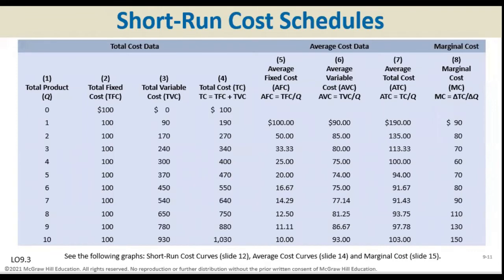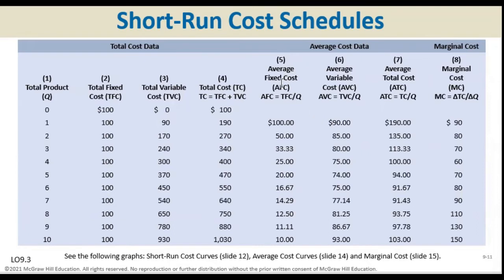So this table shows you the total cost. We have the total cost on the left side and the average cost in this section and the marginal cost, right? So fixed cost is constant, and you have a variable cost, total variable cost, which varies with the output, and total cost over here is the sum of total fixed cost and total variable cost.